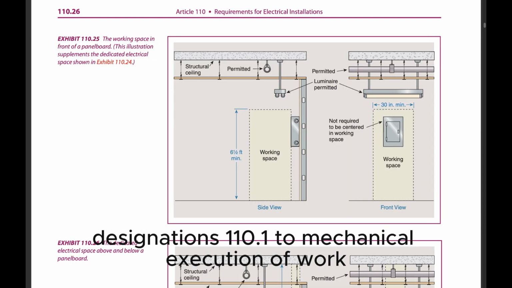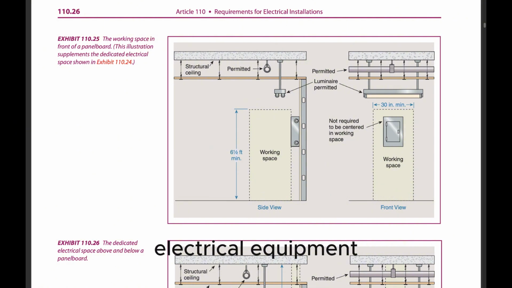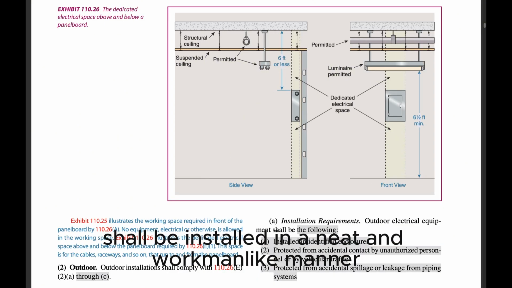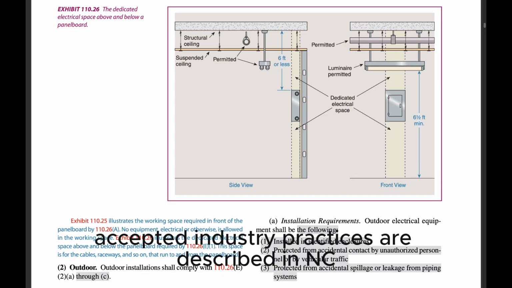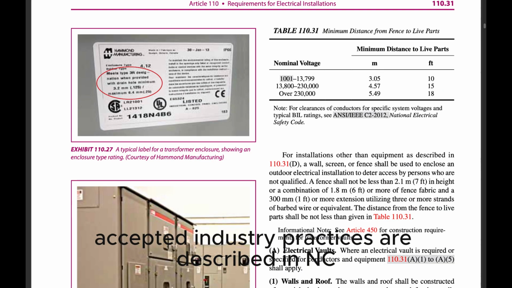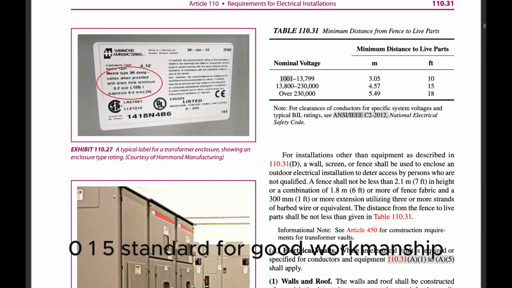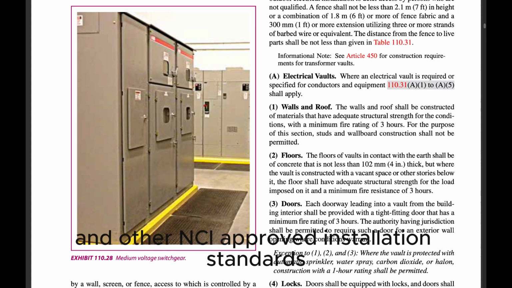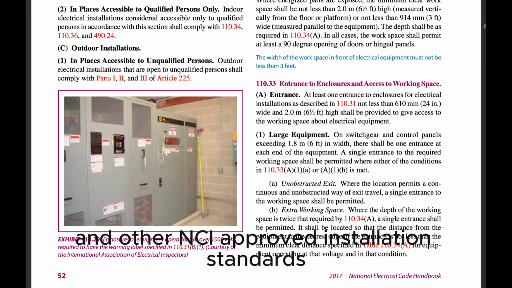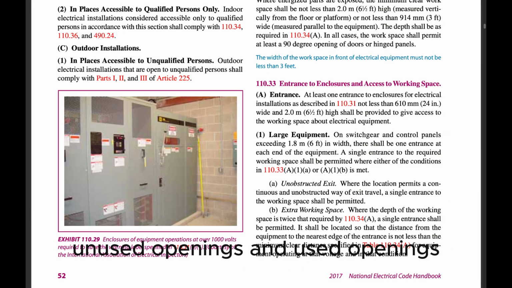110.12 Mechanical execution of work. Electrical equipment shall be installed in a neat and workmanlike manner. Informational note: accepted industry practices are described in ANSI/NECA 1-2015, Standard for Good Workmanship in Electrical Construction, and other ANSI-approved installation standards. Unused openings.